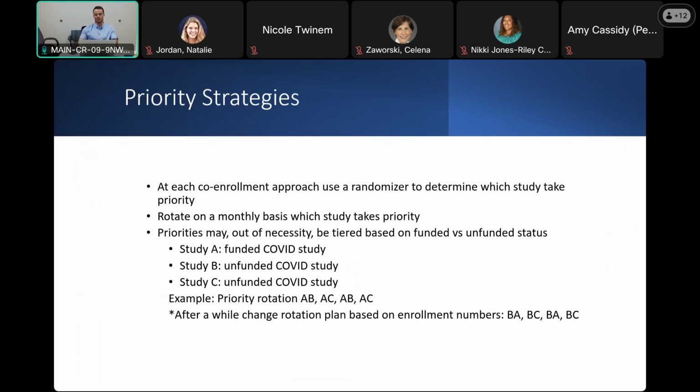So one month it might be sepsis focused, another month it might be ARDS, another month it might be just plain MODS, however you have it prioritized. And again, some sites or some approaches might be prioritized out of necessity for funding versus unfunded studies.